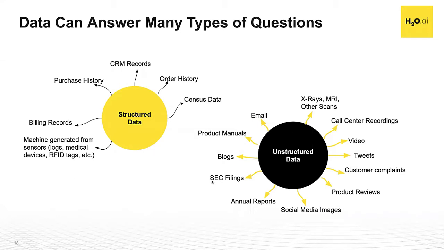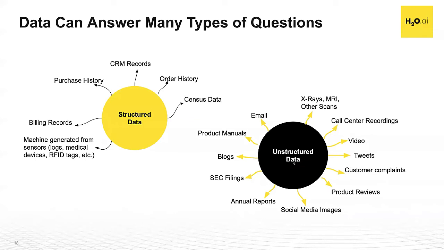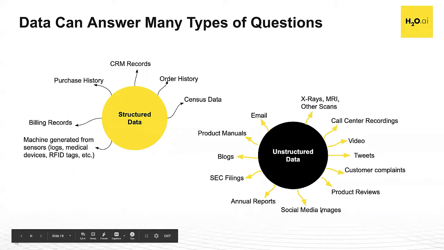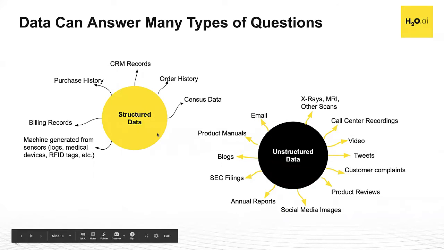Definitely annual reports and SEC filings are all considered unstructured data. So this information is a lot more voluminous than the structured data, but it's harder to manage. It's more expensive and harder to store, because this comes in all different formats and sizes, whereas with structured data you do have more restrictions.